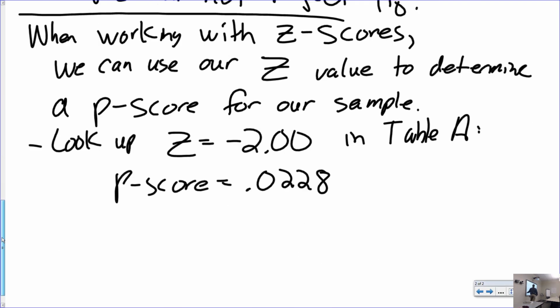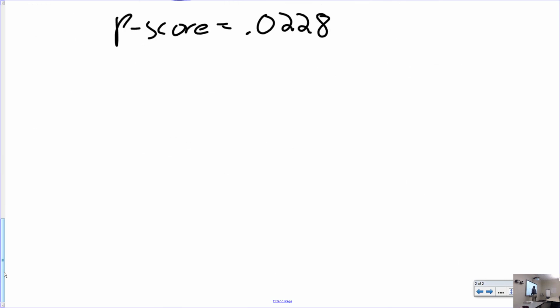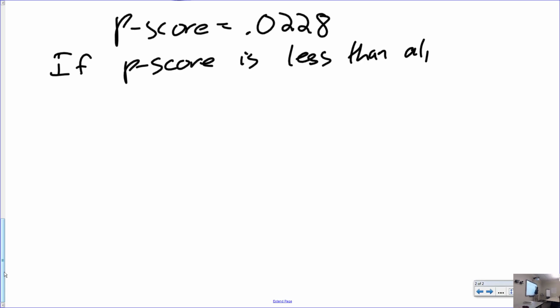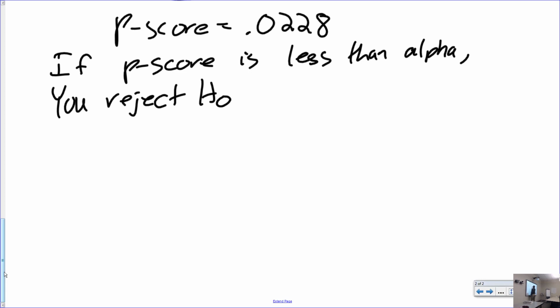Okay? If the p-score is less than alpha, you reject the null hypothesis. If it's not less than alpha, you cannot reject the null hypothesis.